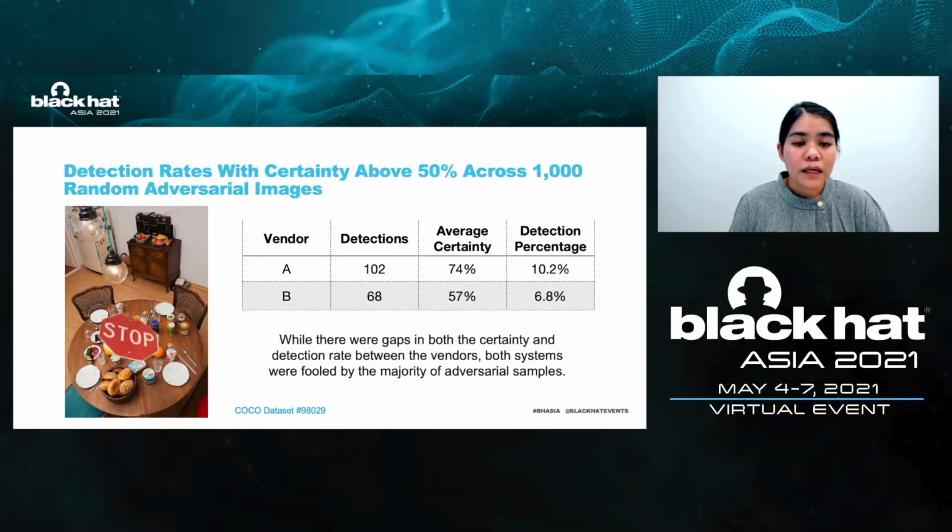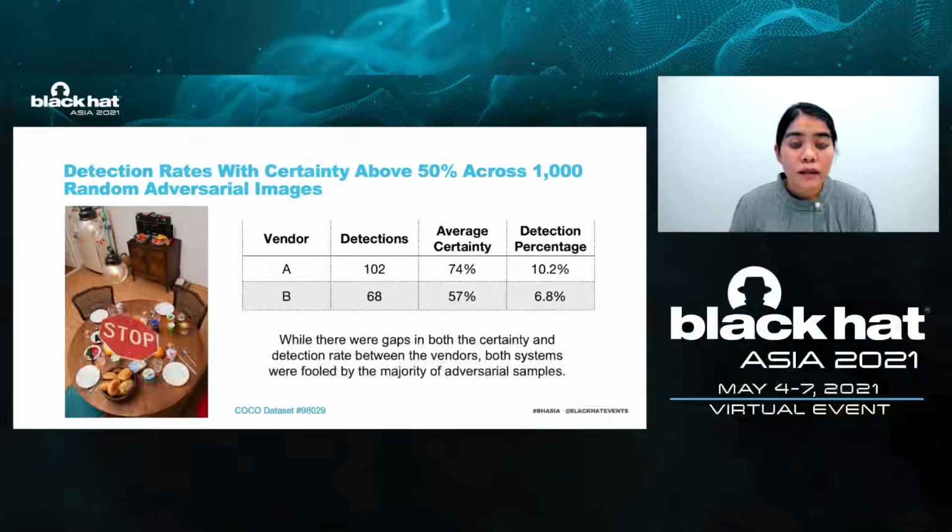In case of Cloud Vision AI vendor A, out of the 1,000 adversarial images we tested, only 102 images above the 50% certainty is detected. And in the same way, vendor B, out of 1,000 images, 68 images are detected. So we can say a detection percentage of 10.2% and 6.8% for each of the vendors.